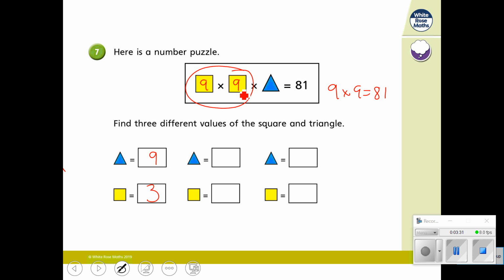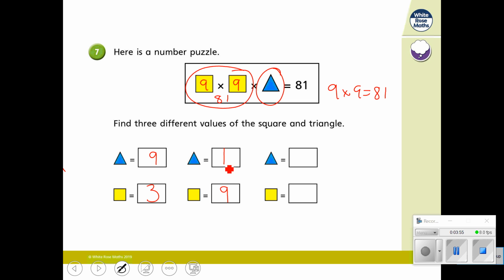If I did that, and these 2 make 81, what would this one need to be? That's right, it would need to be 1, because any number times 1 is the original number. So if my squares were 9, then my triangle would be 1. I've got one more solution.